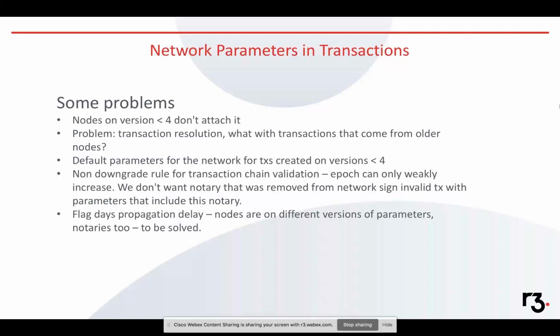So we need this notion because of these older transactions, and these default network parameters still need to be defined because they are dependent on the notaries, whitelisted contracts and package ownership.